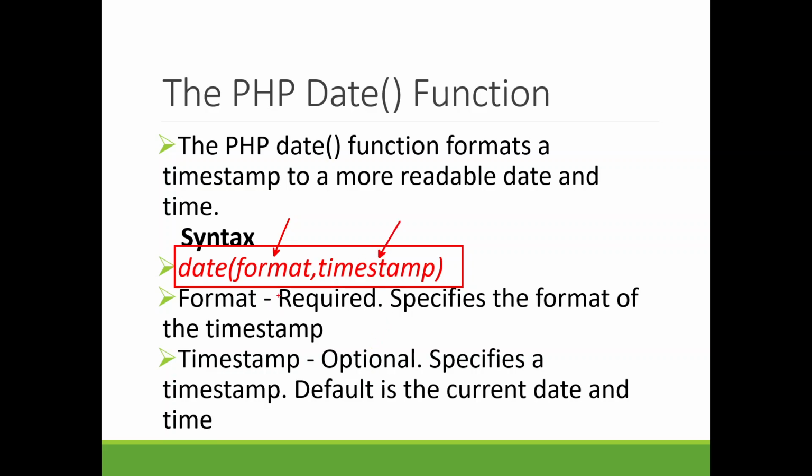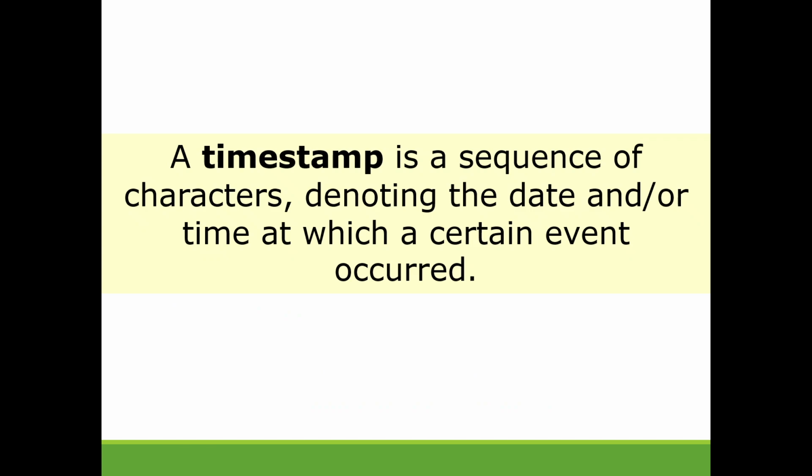Now, the format is required, meaning you have to specify it, but the timestamp is optional. Now, what is the timestamp? The timestamp is the default current time and date. The format here is simply how you want to print out the date and or the time. So we're going to see that in just a moment.